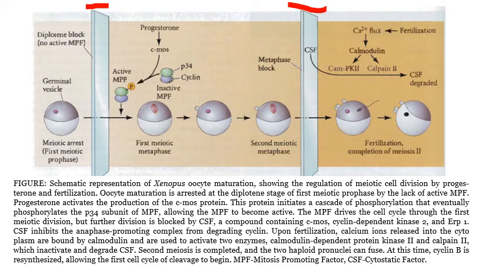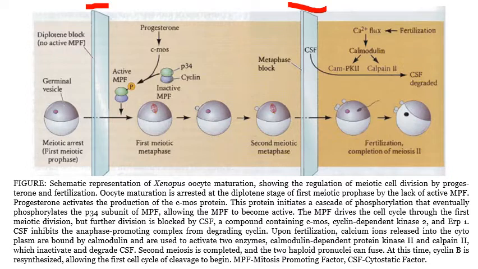We have p34 and cyclin, and these subunits join with each other and with the phosphate group only if c-mos is present, and c-mos will be secreted only if progesterone is present. So this block is removed and first meiotic metaphase and then first meiotic division is completed.